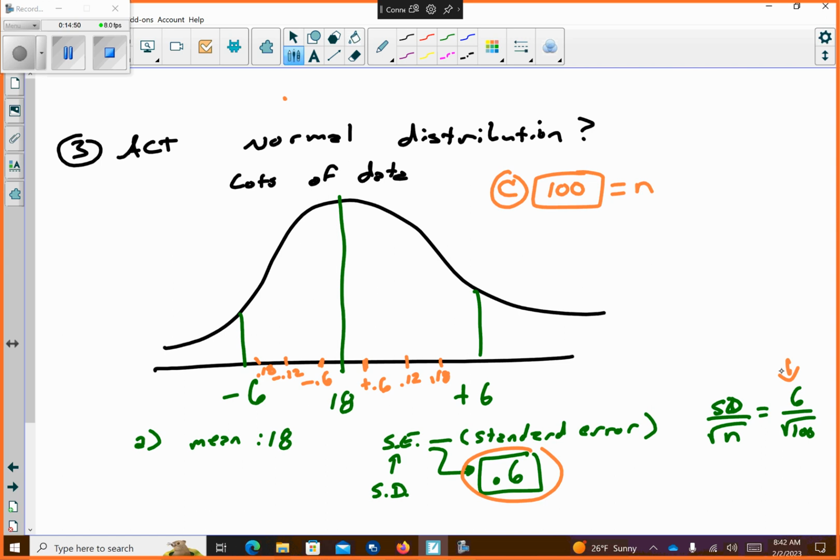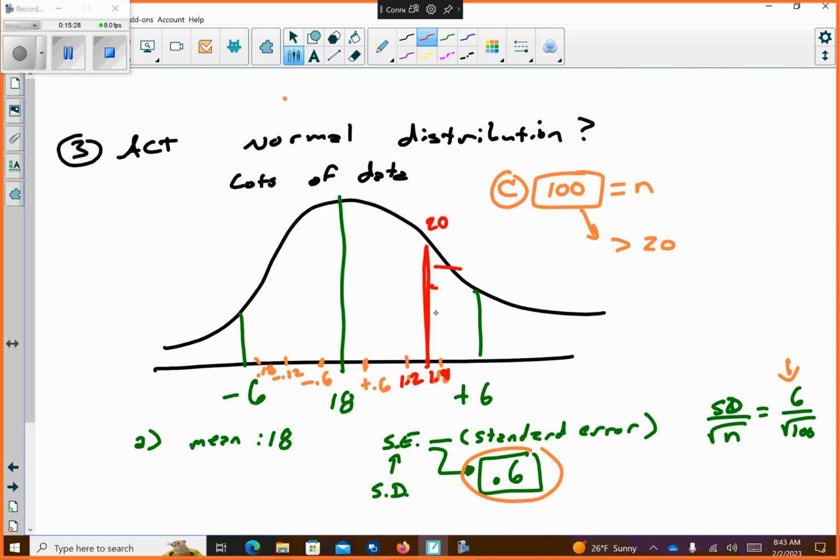We want to figure out, could we select a group of 100 randomly selected people that have a score greater than 20? So think about where this greater than 20 would fit on our graph. So this becomes 18.6. I guess that should be 1.2 and then 1.8. So if I'm coming out, our 20 is basically here.